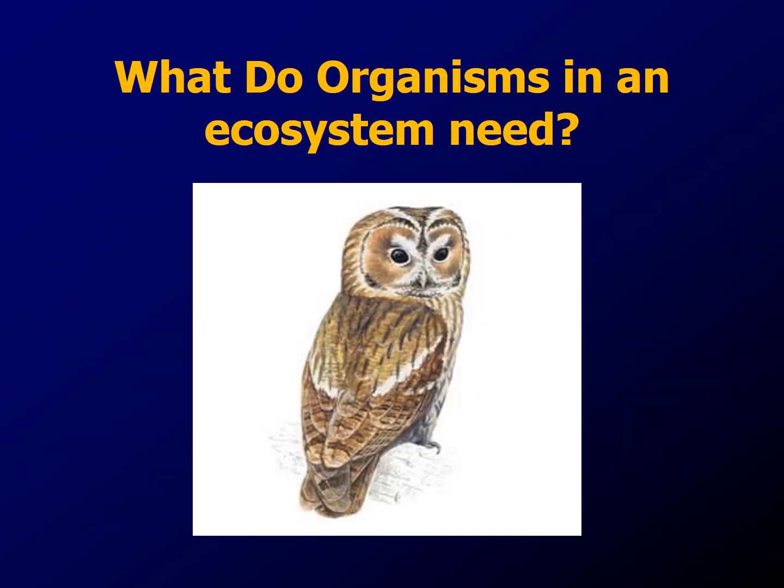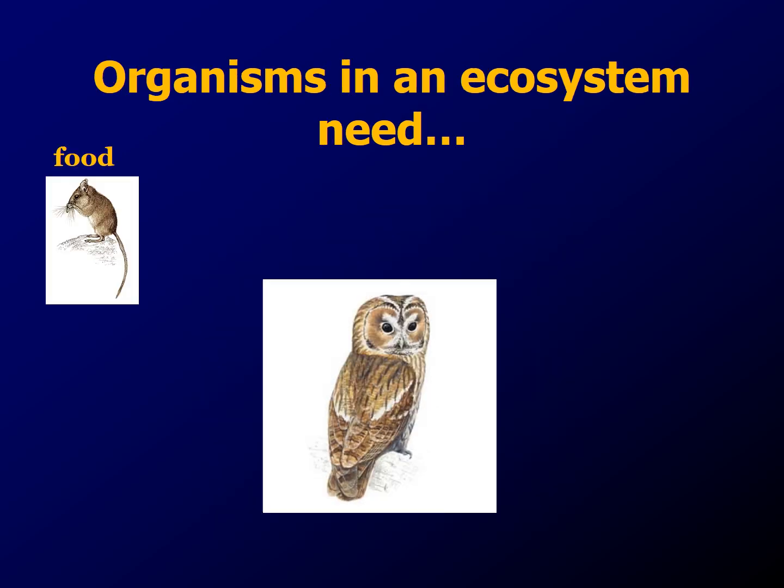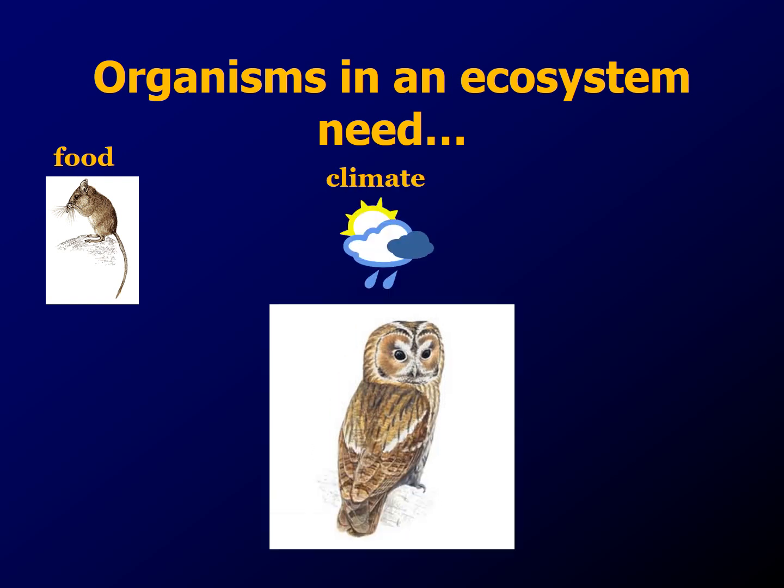In order for an ecosystem to successfully sustain its organisms, there are some needs that must be met. If an ecosystem is unable to provide enough food, then a percentage of the organisms will not survive. Climate refers to the amount of rainfall, sunshine, temperature, and breathable oxygen.